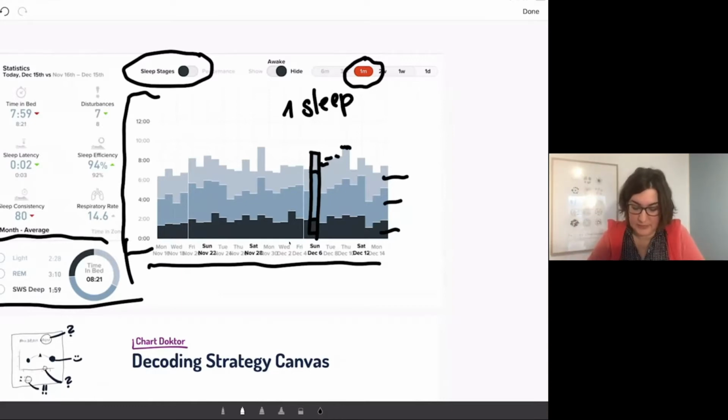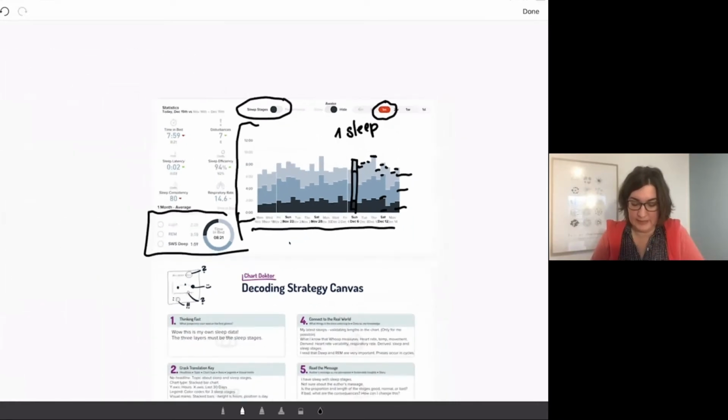And this week they were a little bit shorter, but still quite okay. Also, I see that I have these REM phases, deep sleep phases. I can compare the deep sleep phases over time, the REM, technically from this chart.